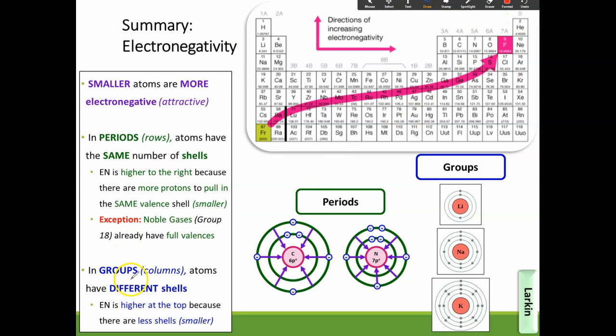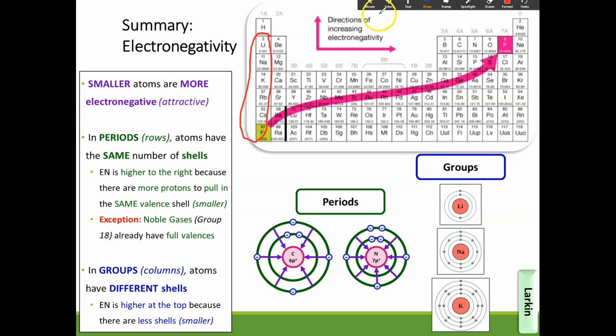Now let's go ahead and talk a little bit about what's going on in our groups. In our groups, this has to do again with the size of the atoms. Taking a look at this group right here, in group 1, remember that atoms have different numbers of shells.